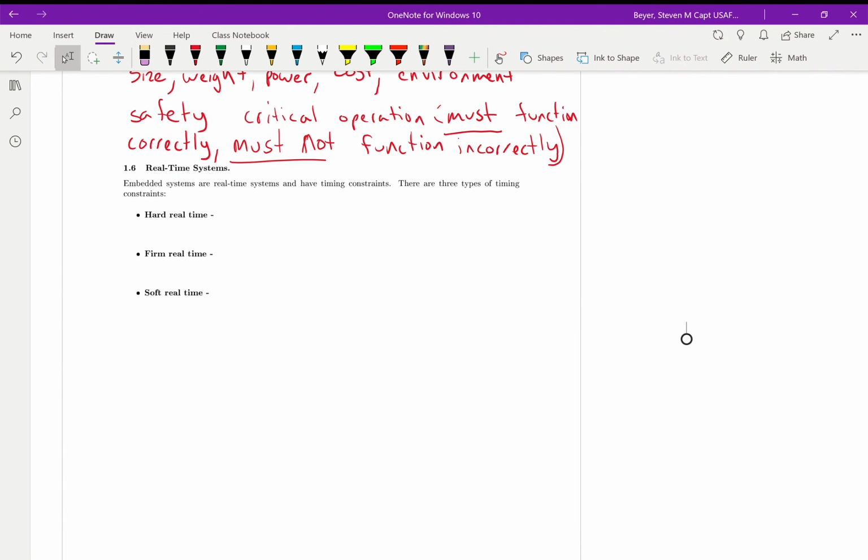All right, and the last main topic I want to talk about is timing. So this, again, you can think about this with your safety critical operations, but hard real time means we guarantee that process will complete a critical task within a certain time.